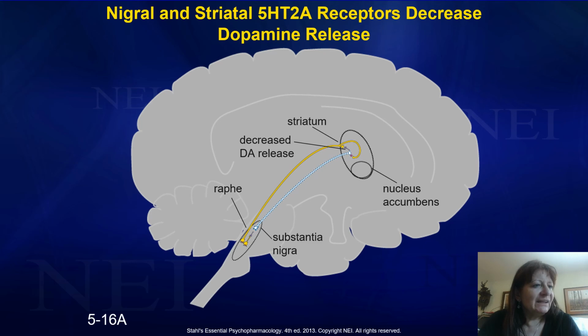5-HT is also released in the raphe nucleus, binding to the 5-HT2A receptors on GABA interneurons, also resulting in a decrease in dopamine release.